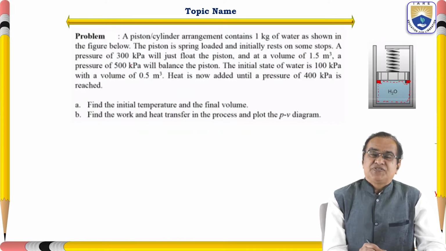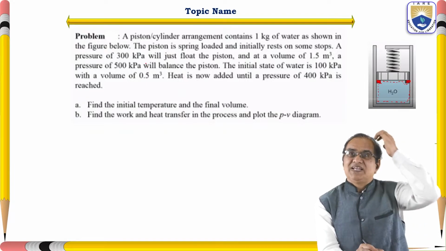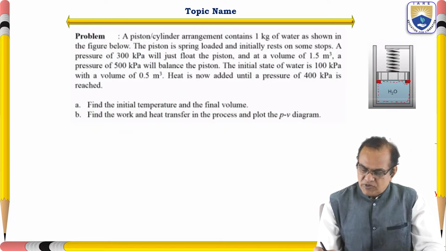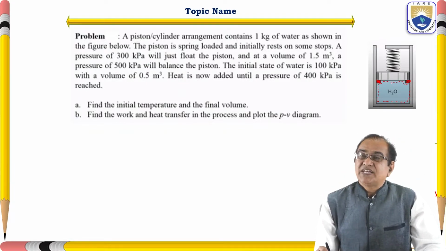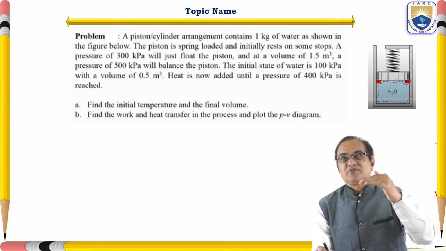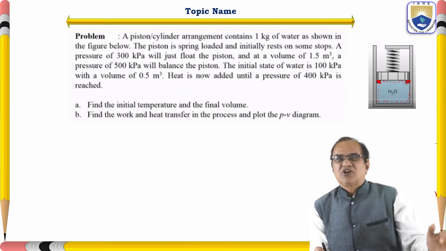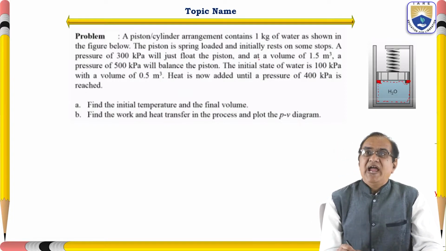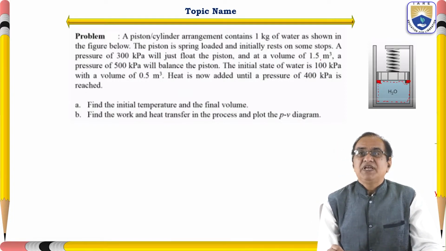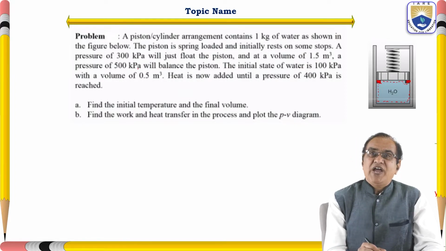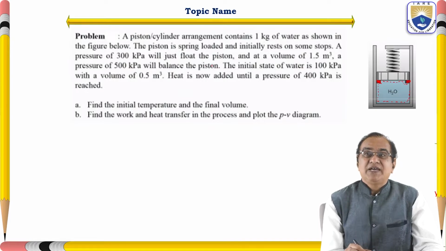A pressure of 300 kilopascal will just float the piston. So if the pressure inside is 300 kilopascal, at that time it will just float, meaning it will just leave the stop. And the volume at that time will be 1.5 meter cube. A pressure of 500 kilopascal will balance the piston.